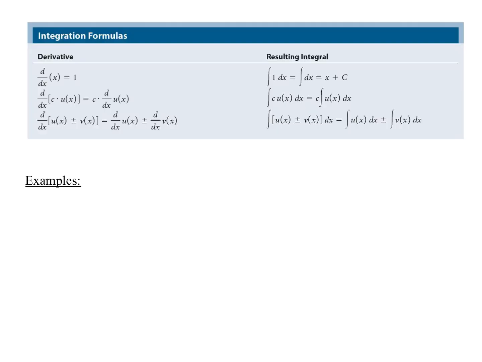What we would like to do next is expand our understanding of these indefinite integrals. Every time there is a derivative rule, there will be a corresponding integral rule. If you know that the derivative of x is 1, that means the antiderivative of 1 is x plus a constant.